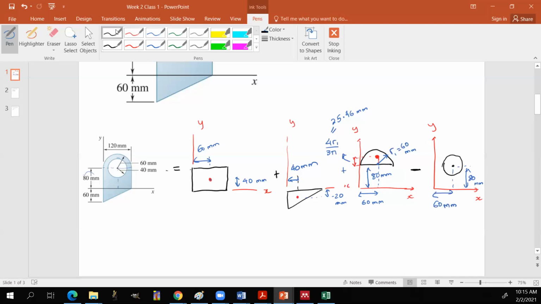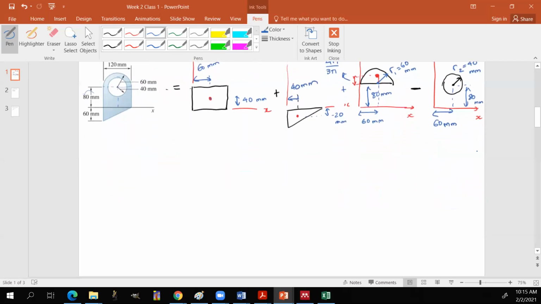The radius. We need the radius. So the radius, let's call this one R2, is just equal to 40 millimeters. Problem says it. 40 millimeters. Right?